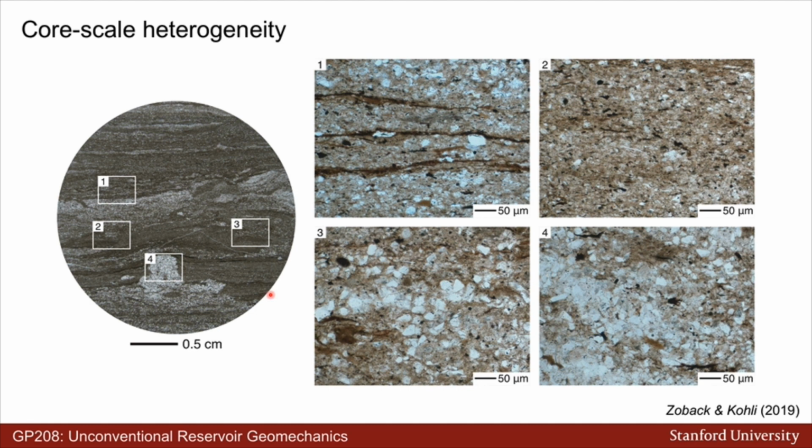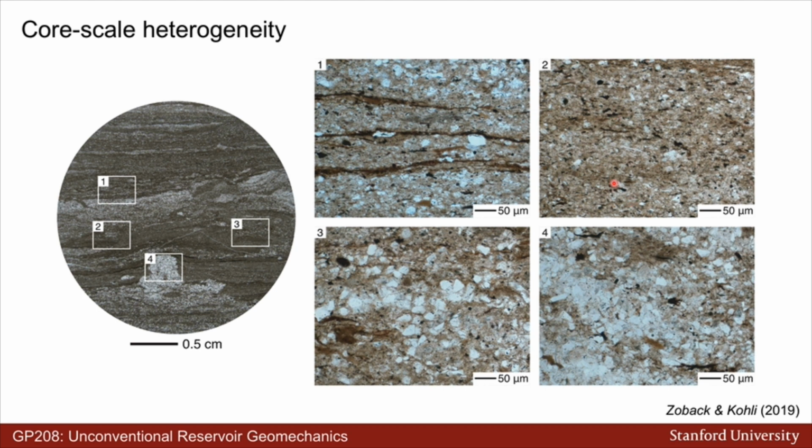So, for example, in area 1 here, we see these bedding parallel streaks of organic matter among a fairly clay-rich matrix with about equant grains of quartz and calcite sitting around. In area 2, we see very little organic matter, and instead of being distributed in large veins, it's actually in these much smaller lenses that are within the matrix.